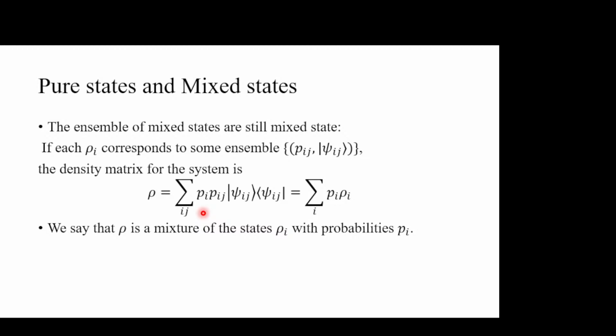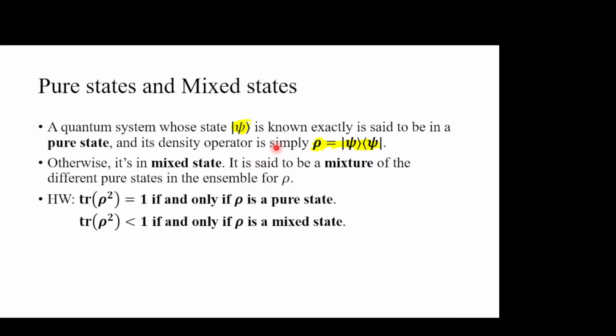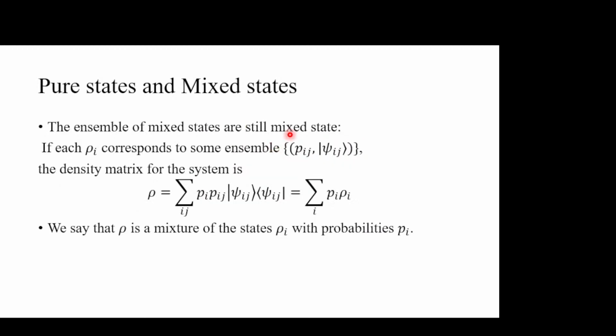Let's talk about something interesting. We have been describing an ensemble of pure states, composed of some probability mixture p_i of some states psi_i. We have said the probability mixture of pure states can be described by density matrices.